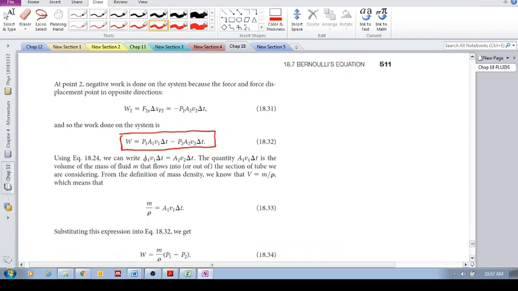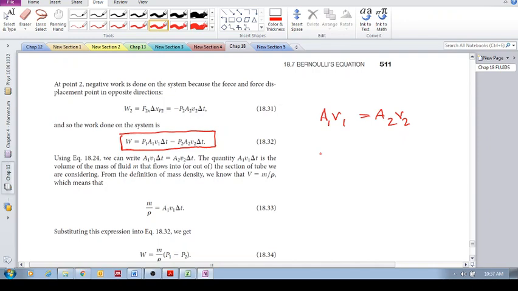Let's look at this over here, A v delta t. Because of equation 18.24, if you remember, we had area 1 times v1, which is not volume, it's speed, equals area 2 times speed 2. Remember, that's called your continuity equation. If we simply multiply that by the time, that gives us volume.